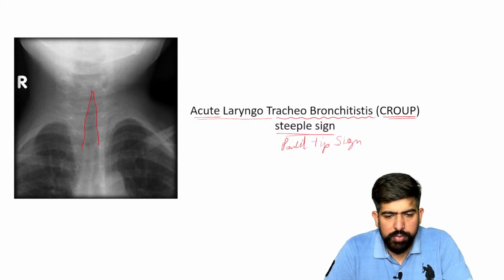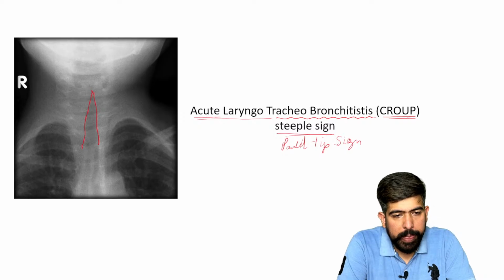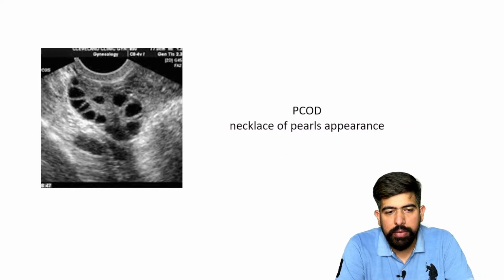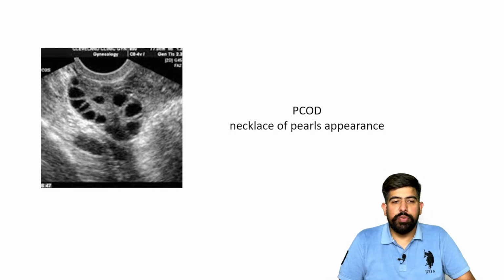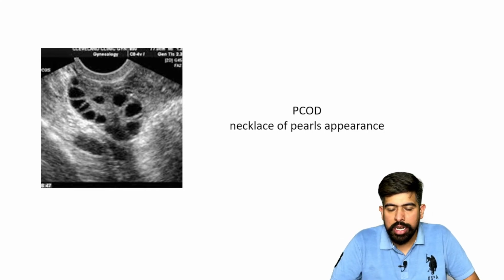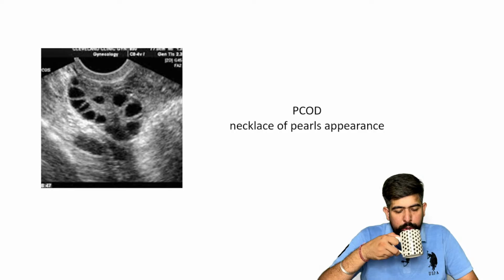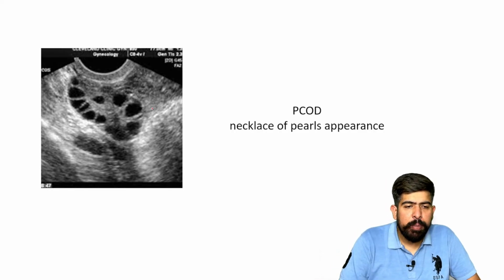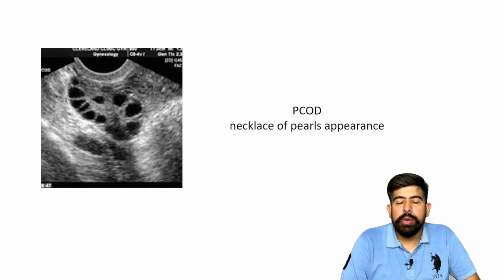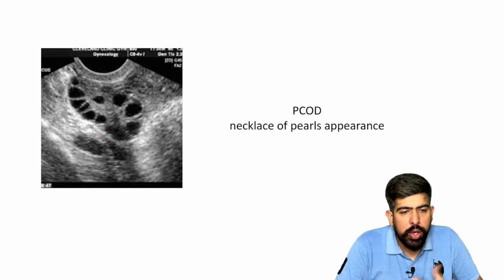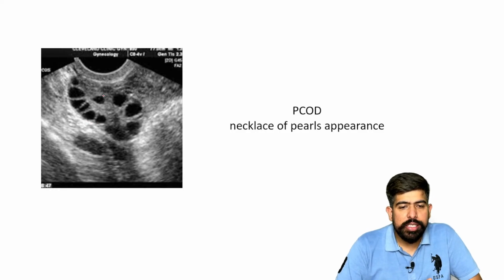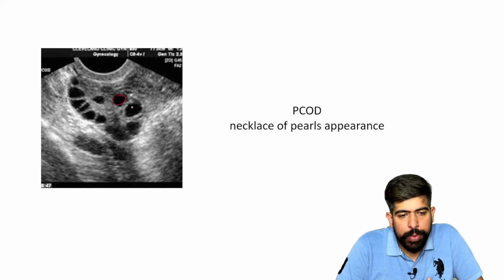Now the next one is the obs and gynae image, from ultrasound, and this is the ultrasound image of the ovary. Right, what I can see on this ultrasound of the ovary is that there are follicles, and these follicles are now getting mature.